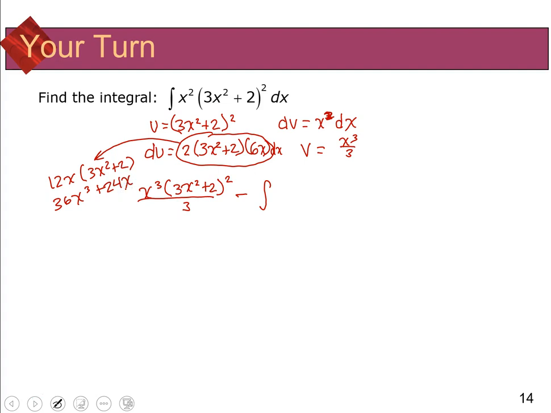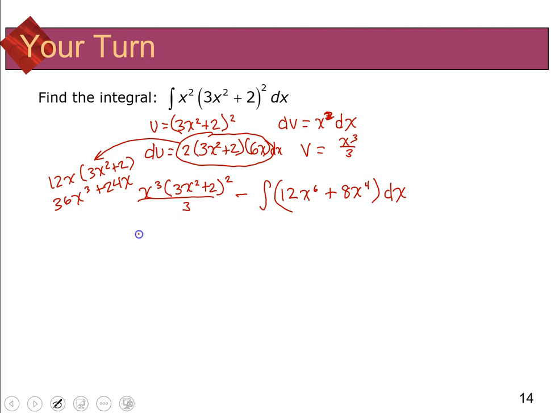Now when I multiply the x cubed over 3 there, I'm going to have 12x to the 6th plus 8x to the 4th dx. So it makes the multiplication a little easier at that point.